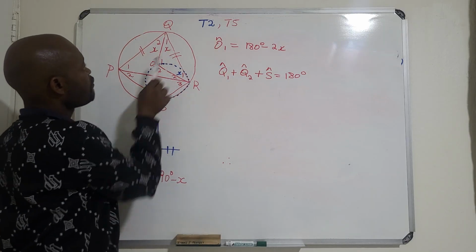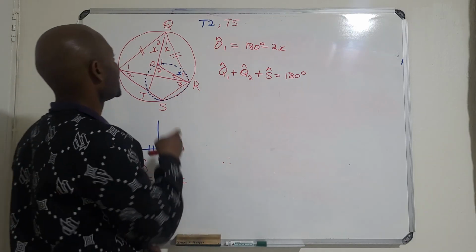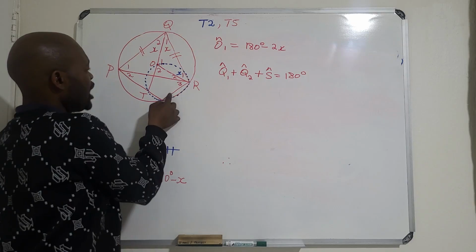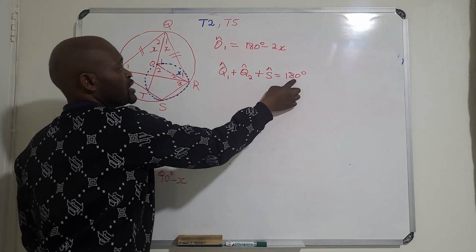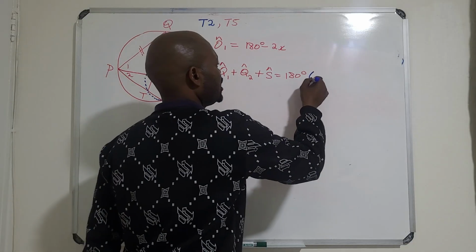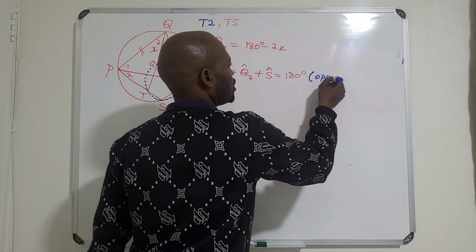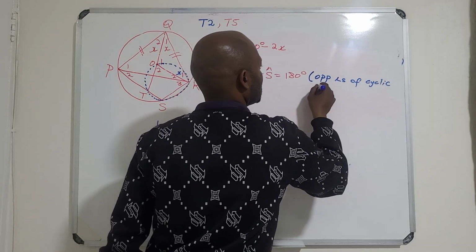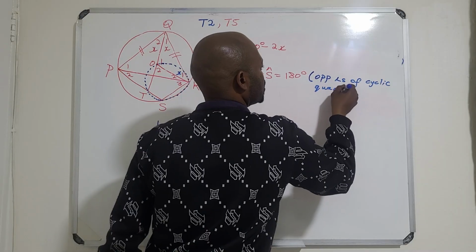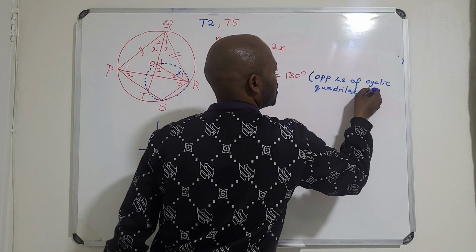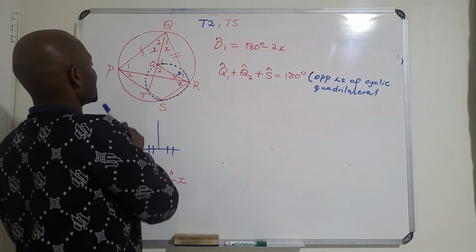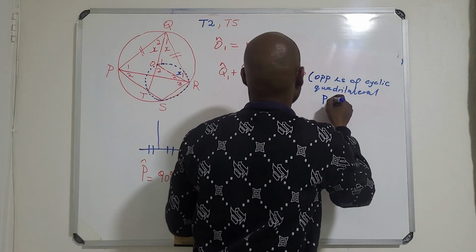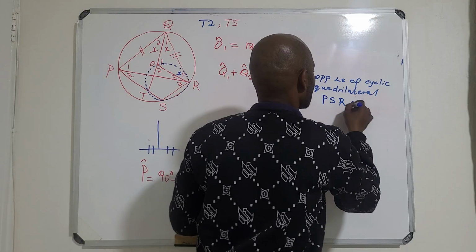Therefore, Q1 plus Q2 plus this angle S is going to give us 180 degrees, reason: opposite angles of a cyclic quadrilateral PSRQ.